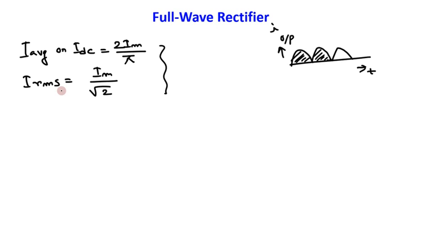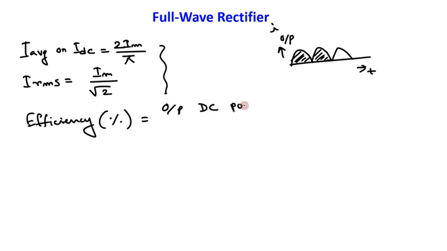Now if we know this I average and IRMS, what about the efficiency? You remember this percentage of efficiency that we did for the half wave rectifier as well. You remember what that was? It is the output DC power by input AC power, into 100%.